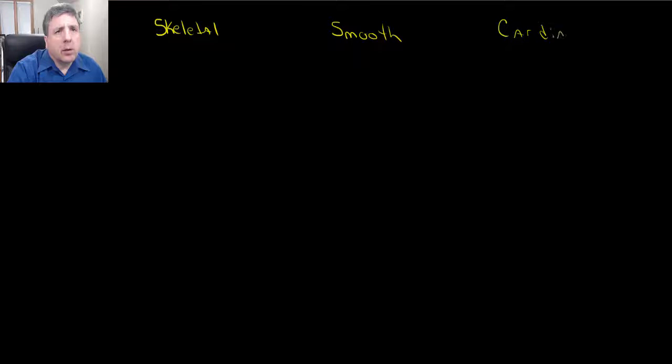So with muscle, there are going to be three different types of muscle tissue. You're going to have skeletal, you're going to have smooth, and you're going to have cardiac. Okay, so those are your three types of muscle tissue that we're looking at.